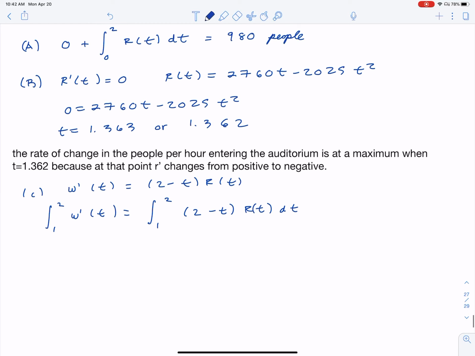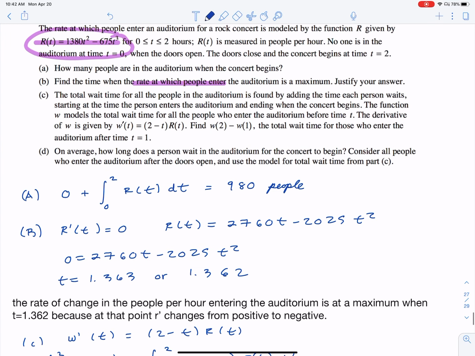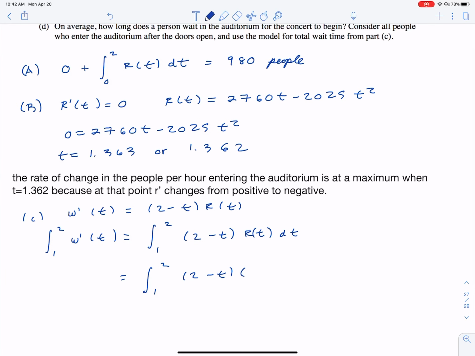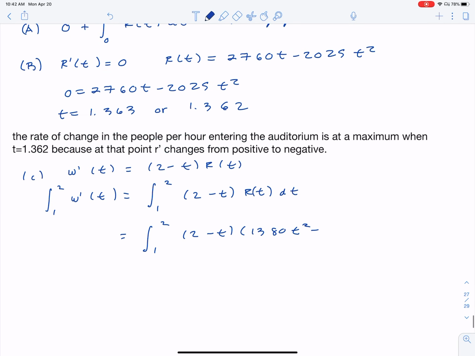I'm going to be plugging this into my calculator. And what was R of t? I forgot. It is 1380t squared minus 675t cubed dt.